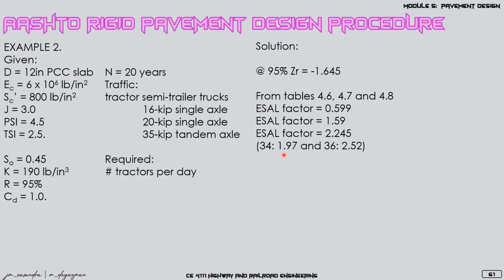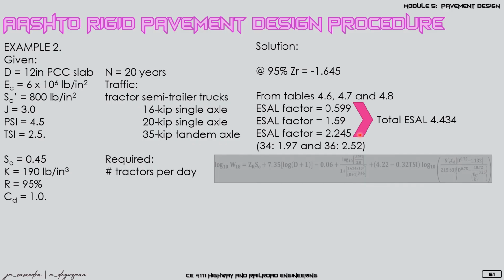So interpolating will simply be taking the average of 1.97 and 2.52. So from here, we just add them up to get the total equivalent single axle load of 4.434.